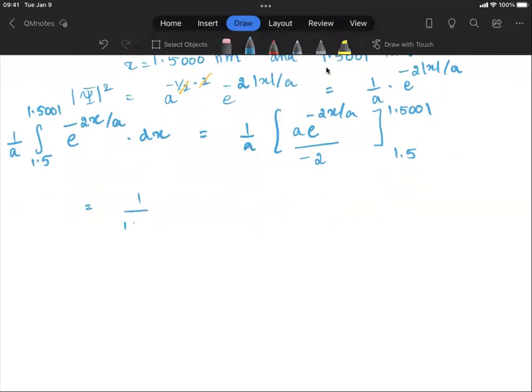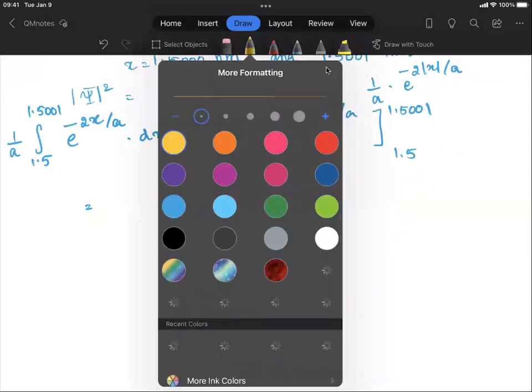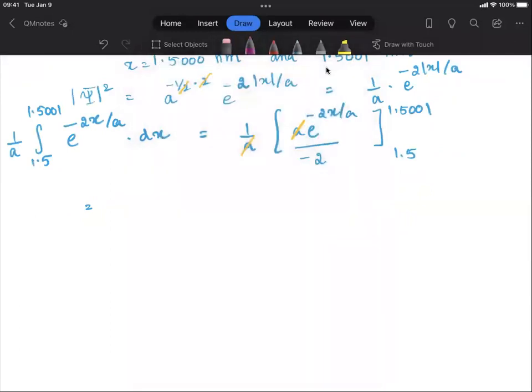Actually, hang on. I don't think we need to plug in the value of a here because the a actually gets canceled. So let's get the negative half outside.